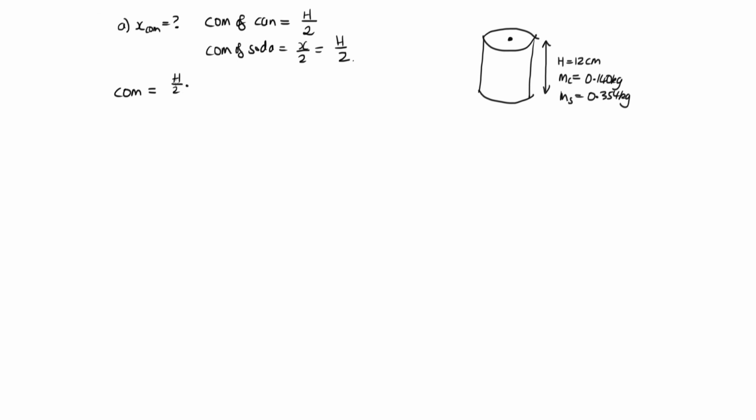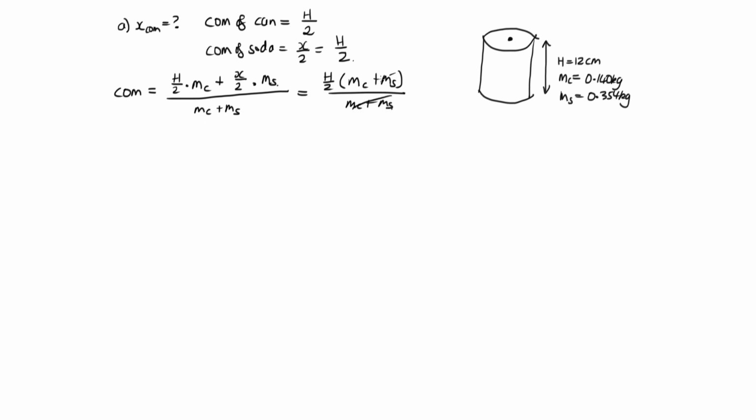So this is the center of mass of the can times the mass of the can plus the center of mass of the soda, which will be x over 2 times the mass of the soda, over the total mass, which is the mass of the can plus the mass of the soda. And so since the initial height of the soda, x, is H, we can write this as H over 2 outside of the mass of the can plus the mass of the soda over the mass of the can plus the mass of the soda.